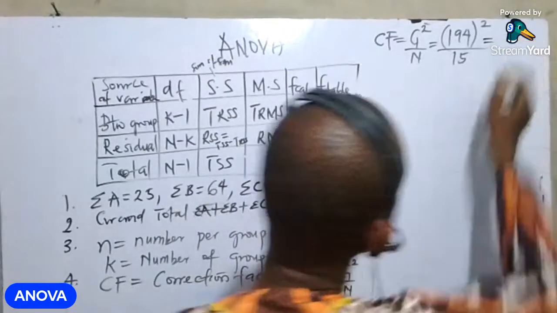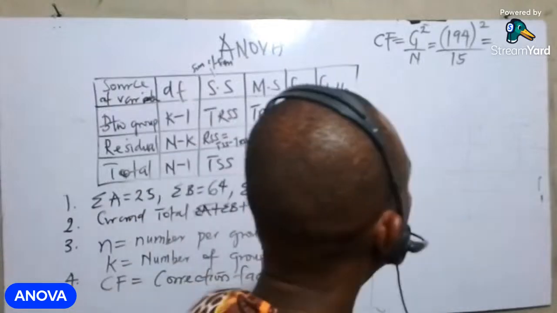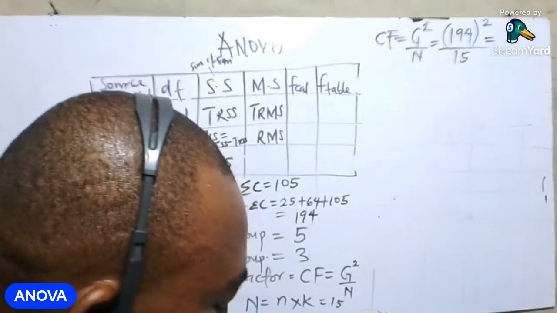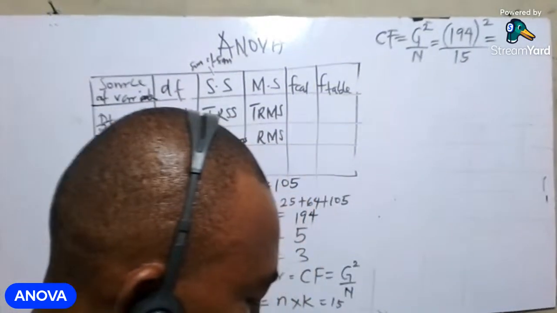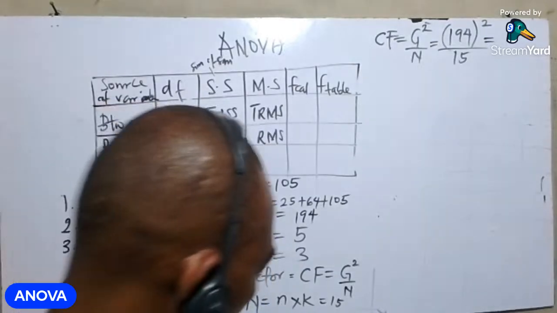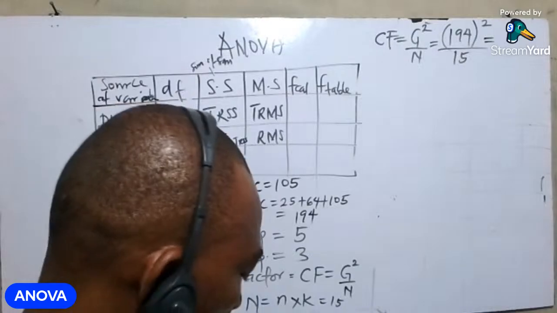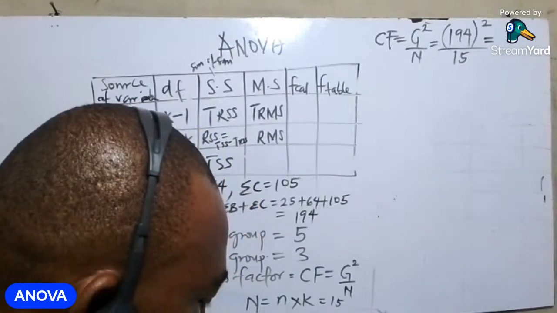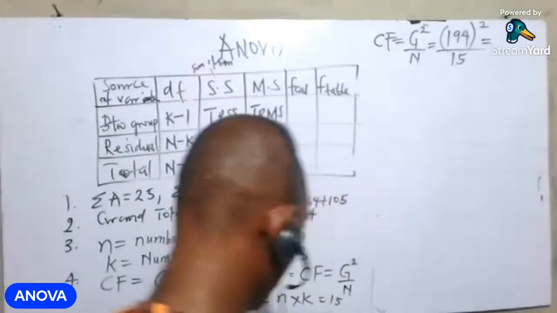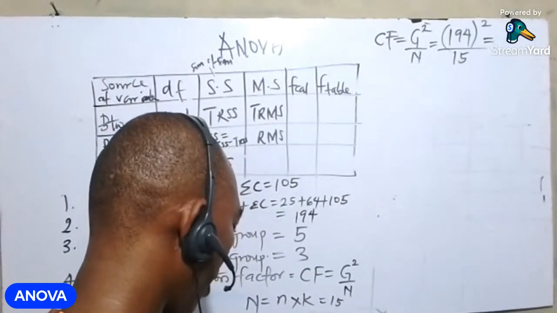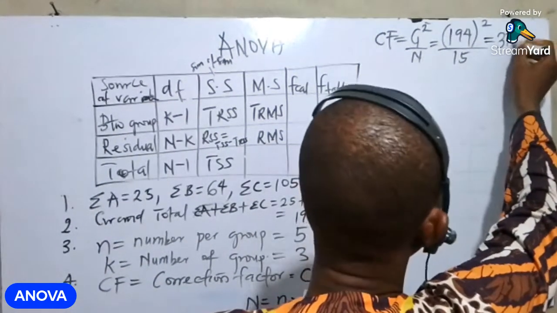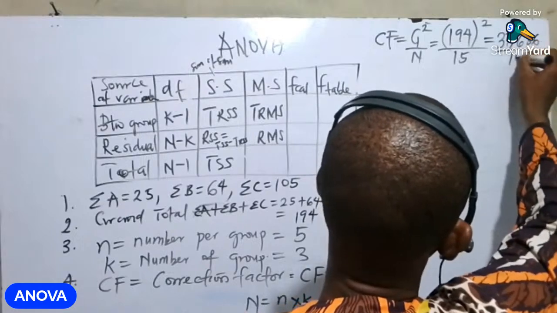So let's square this now: 194 squared. That will give me 37,636, to be divided by 15.